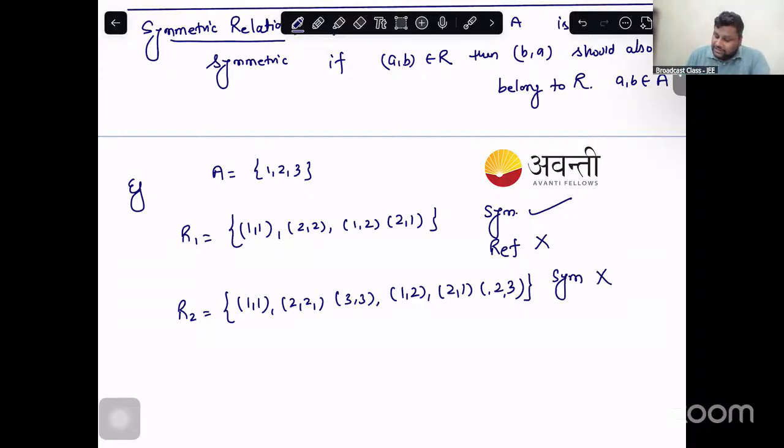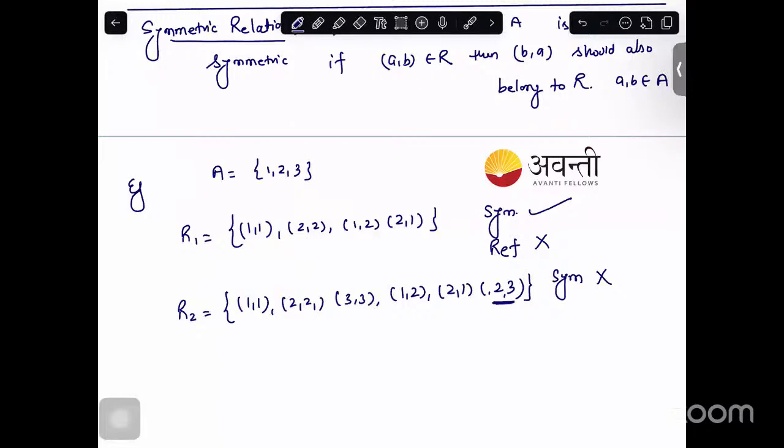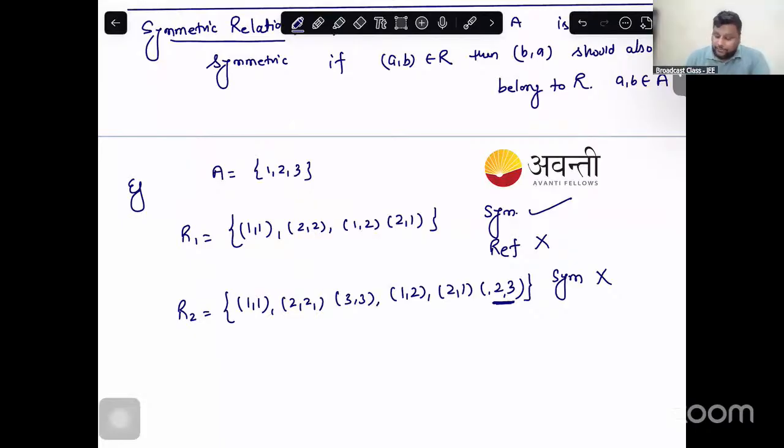Because (2, 3) is there, but (3, 2) is not there. With respect to (1, 2), (2, 1) is there, but we will look for the shortcomings. We will look for the issues, not for things which are there. We will look for things which are not there. Like (1, 2), (2, 1) is there, that's fine. But (2, 3) is there, (3, 2) is not there, so it is not symmetric. Is it reflexive? Yes, sir.